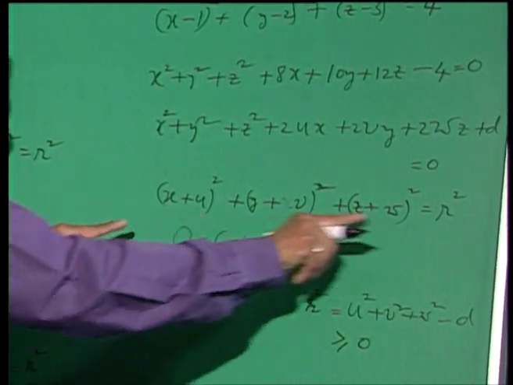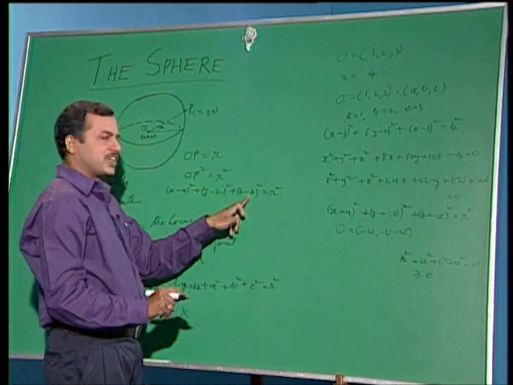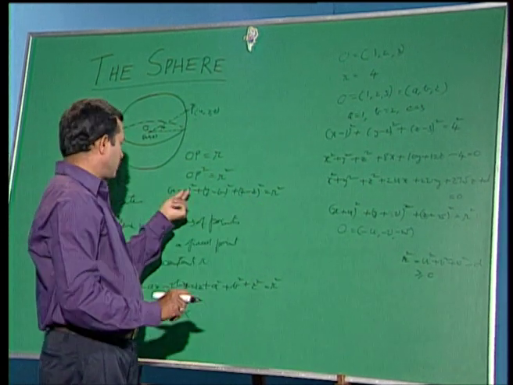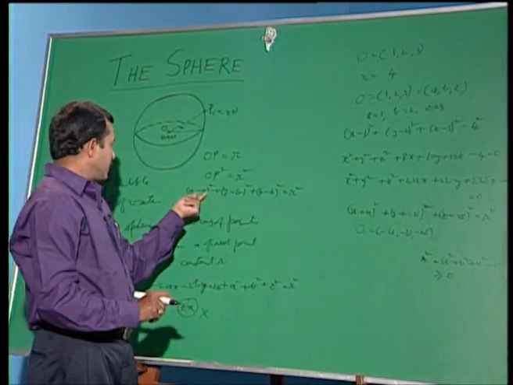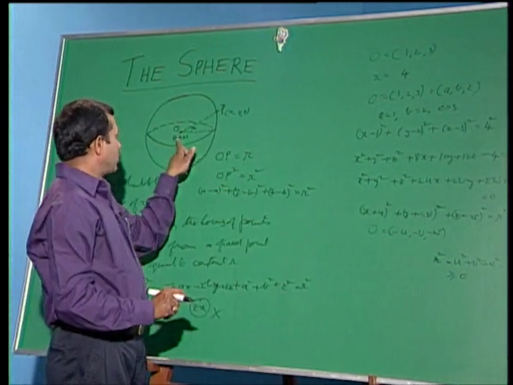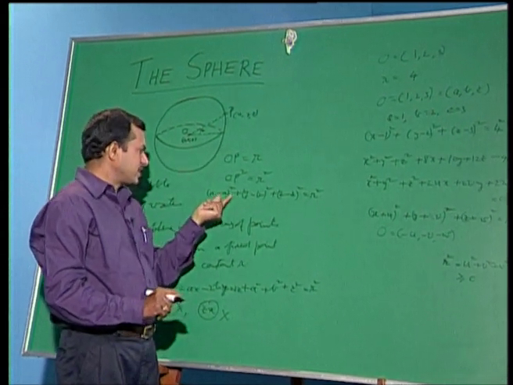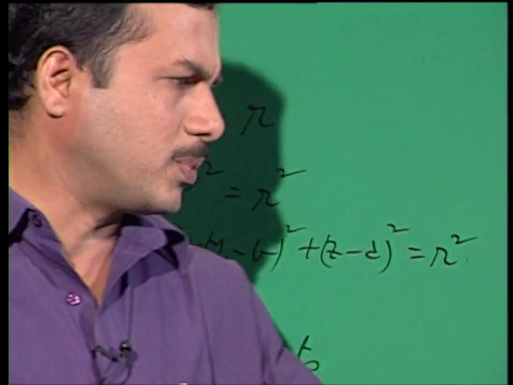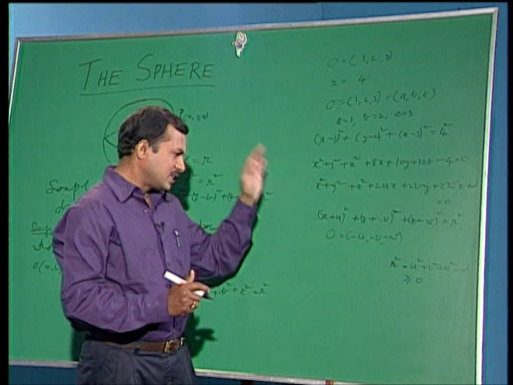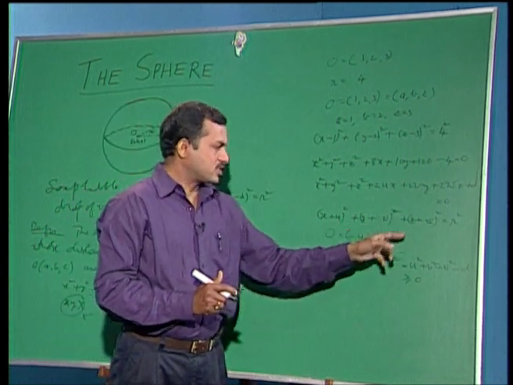Well, here these minuses are very important. We compare this equation with (x minus a) whole square plus (y minus b) whole square plus (z minus c) whole square is equal to r square. So, in place of minus a we have plus u, and the center has coordinates a, b, c. If a, b, c are the coordinates, the terms minus a, minus b, minus c are present. That is why, if plus u, plus v, plus w are present, the center has the coordinates minus u, minus v, minus w.